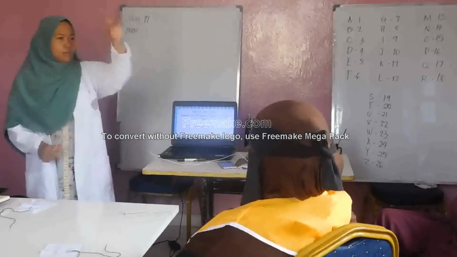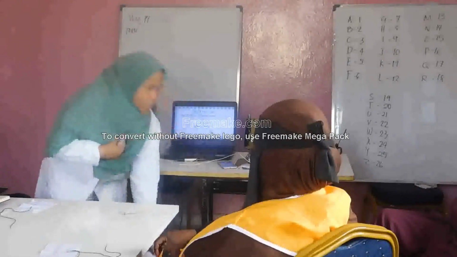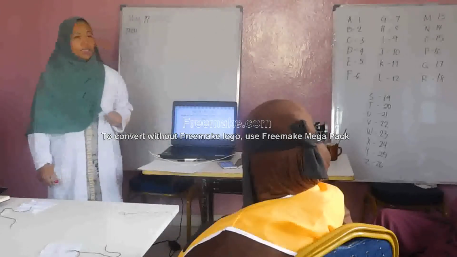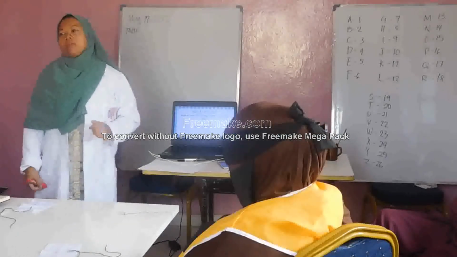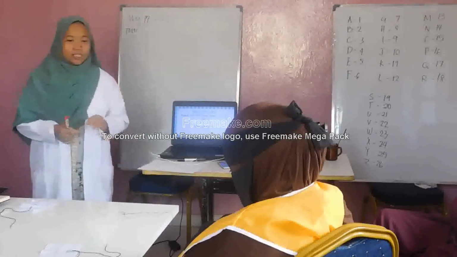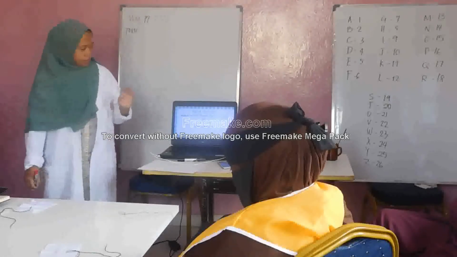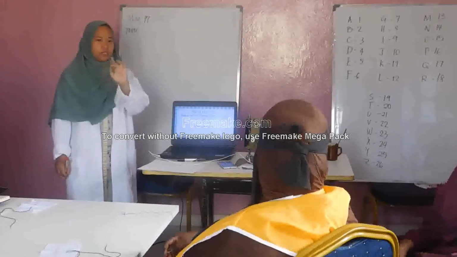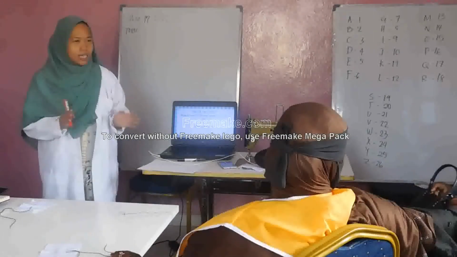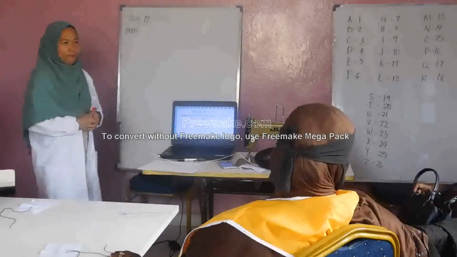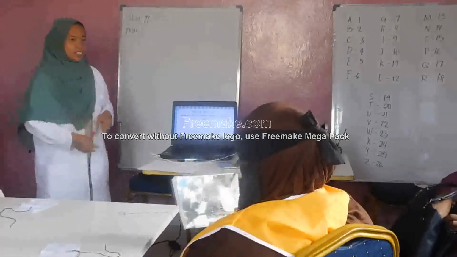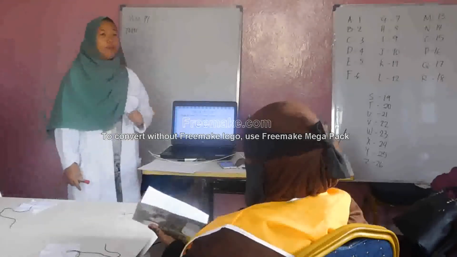Okay, I'll give you 1 minute to break the code so that you can identify the hidden word. Okay, time starts now. Same thing: if A is number 1, B is number 2, and so on and so forth. So what is the code? One letter, one number.